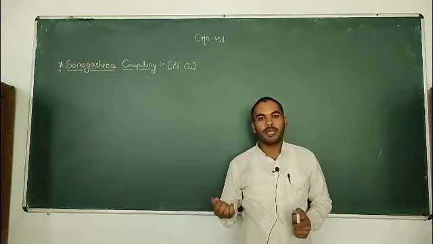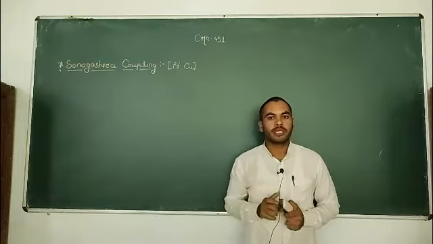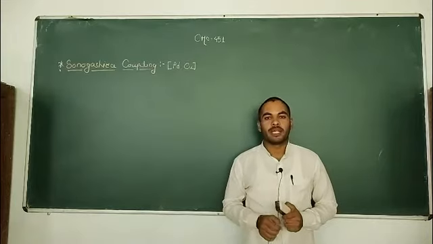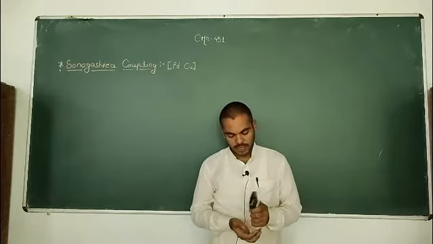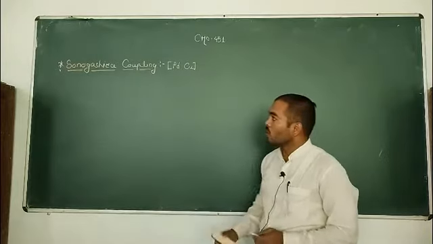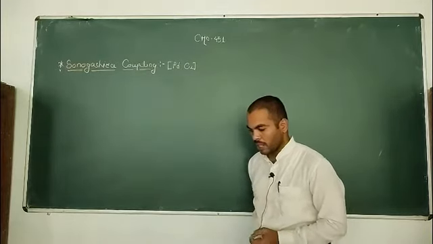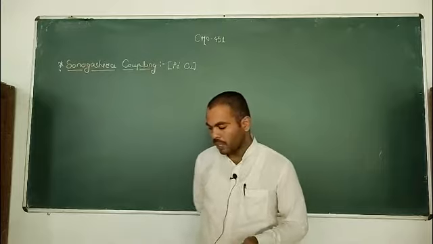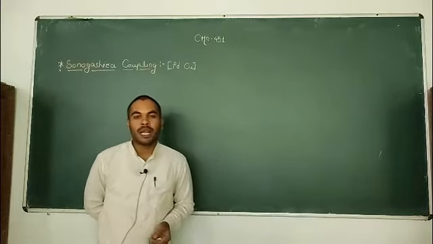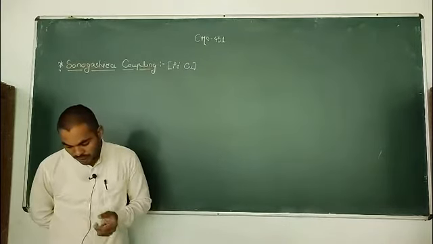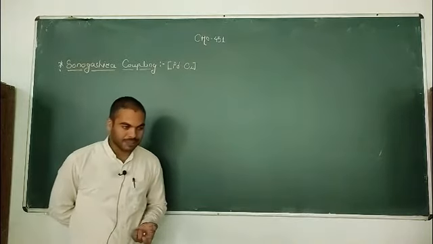Copper iodide is mostly used in this reaction as a co-catalyst. This Sonogashira coupling reaction is a copper-palladium catalyzed coupling reaction of terminal alkynes.